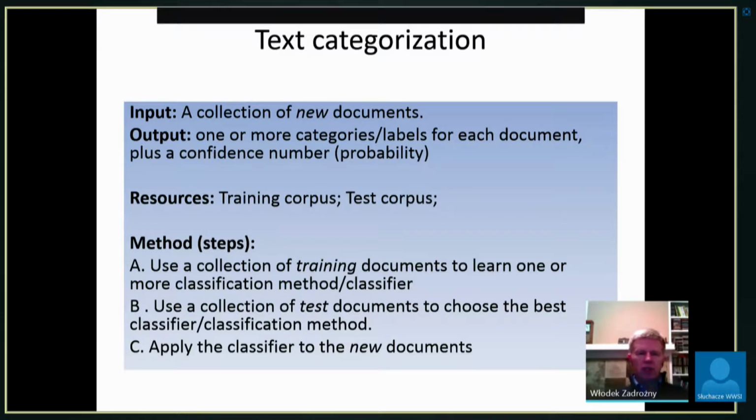So this is usually done in 3 steps. So we use a collection of training documents to learn one or more classifiers. We use a collection of test documents to choose the best classifier of the classification method, and then we apply the classifier to new documents.